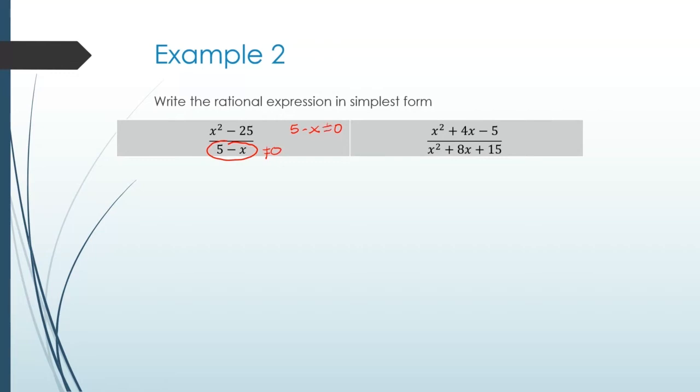And let me make a better not equal sign. And then I ask myself, what number, if I plugged into x, does make that 0, because that's the number I'm not allowed to plug in for x. Another way to look at it is that you're actually solving that equation for x, which means you're trying to get x by itself.